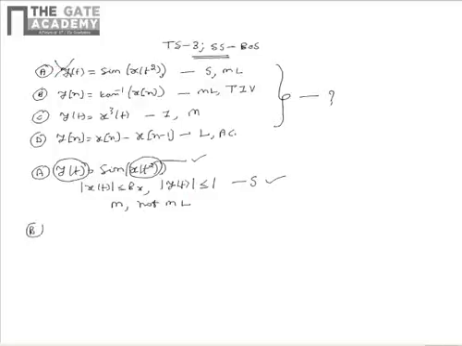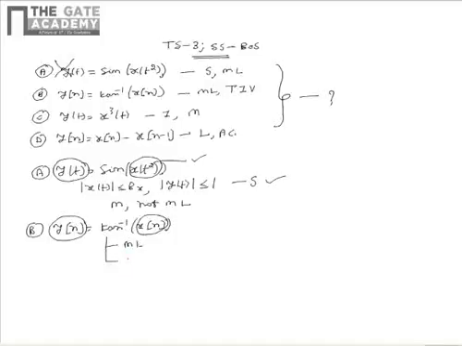Now let us consider the system in option B. As per the system, y of n is equal to tan inverse of x of n is the IO relation. From this we see that the output y of n at any instant n depends on the input at that instant. So from this we can say that the system is memoryless.